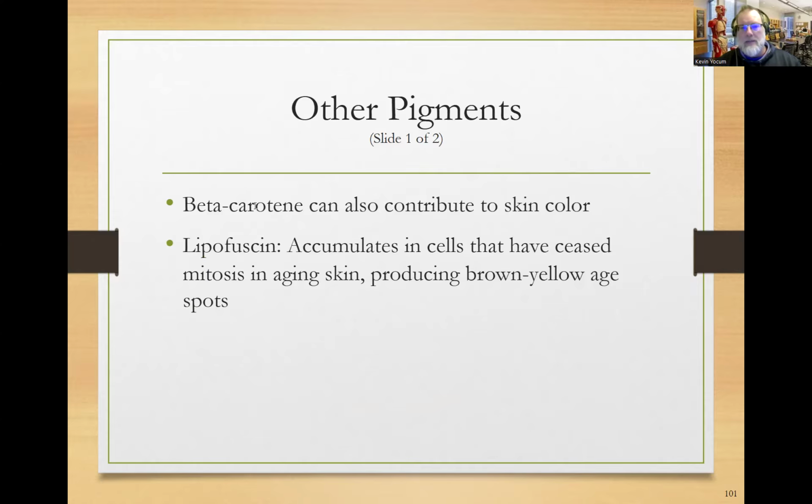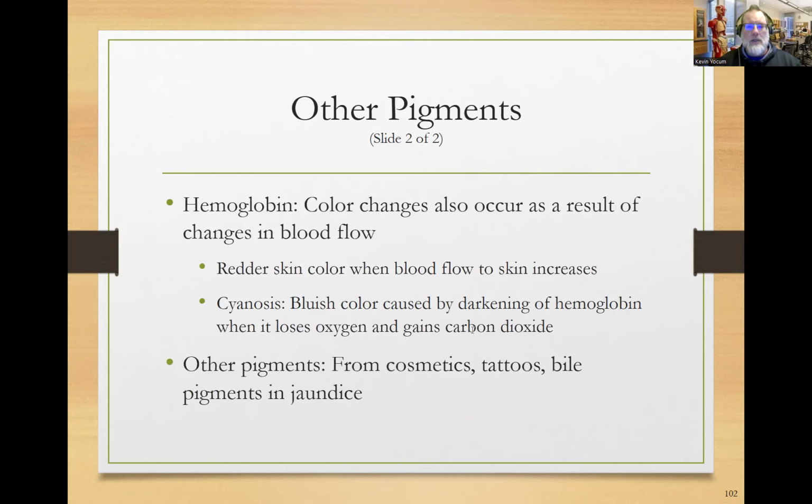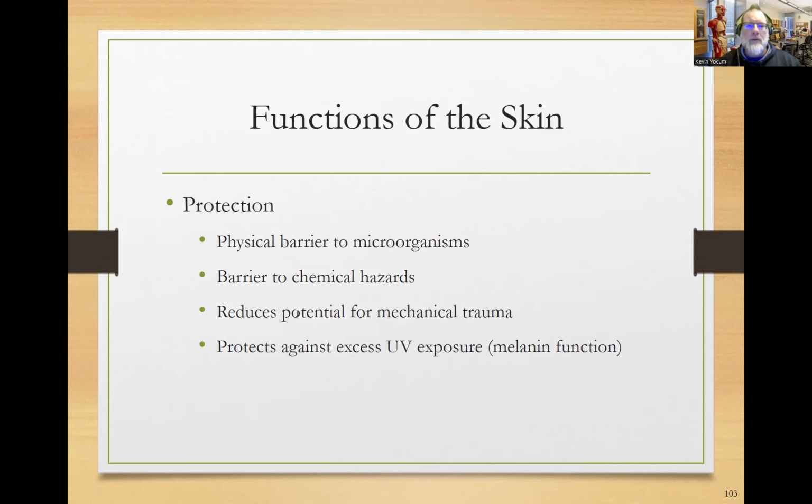Other pigments of the skin: beta carotene can orange up your skin. Jaundice can cause the skin to get orange, from bile pigments. Also tattoos and cosmetics. Brighter, redder skin means more blood supply. Bluer skin means no blood supply.